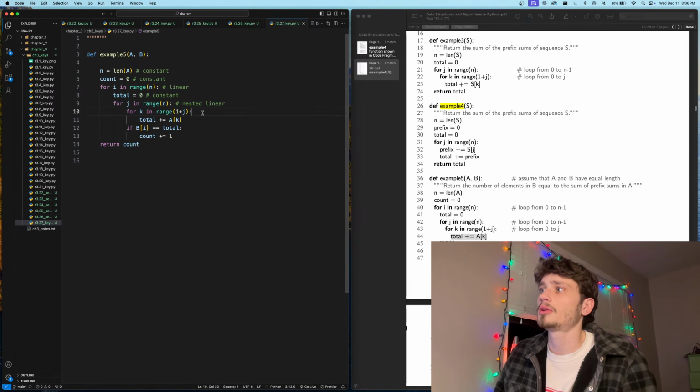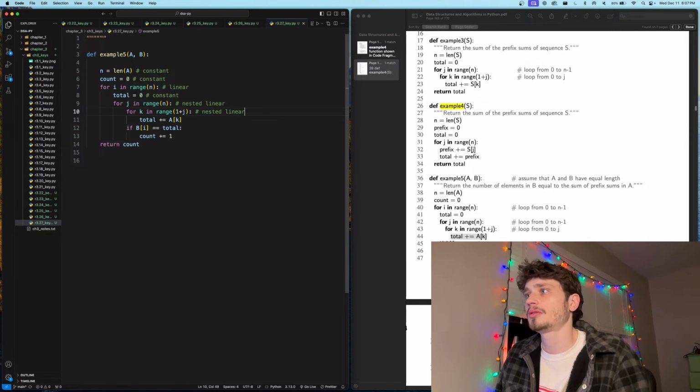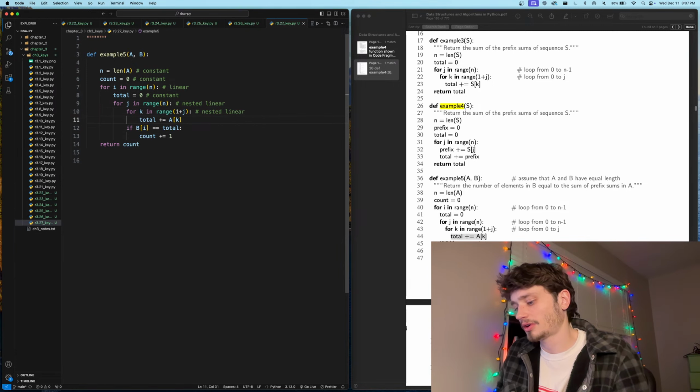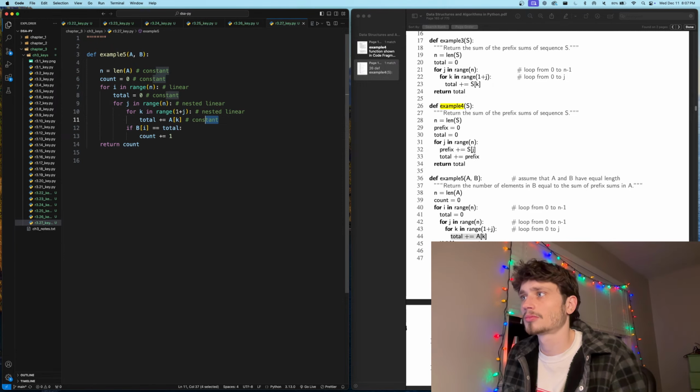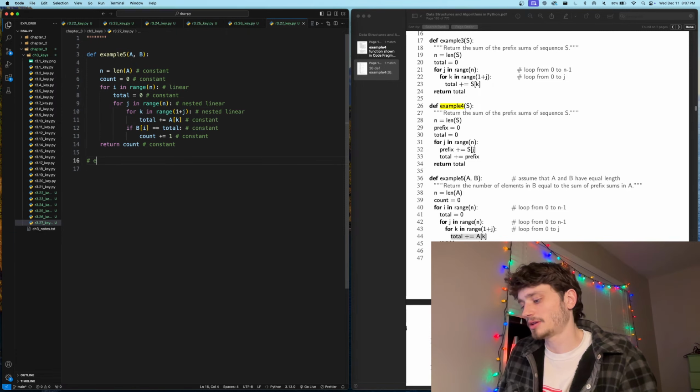This is also going to iterate over some values of 1 plus j. So this is going to be a nested linear. This is a constant. This equals constant. This equals constant. This equals constant. So example 5 is going to be O of n cubed.